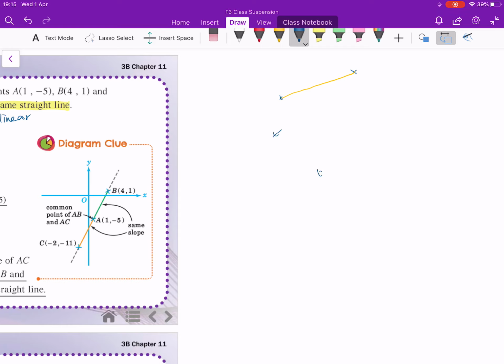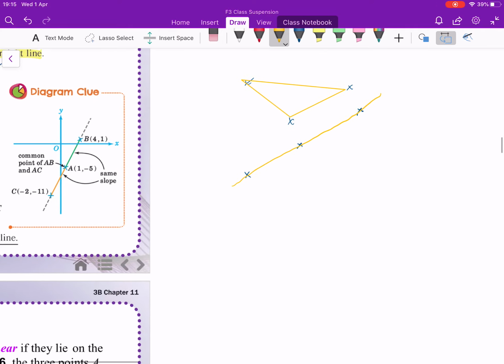However, for any 3 points I draw, usually you will form a triangle instead of one straight line passing through them. So occasionally, I can draw 3 points that can use one straight line to pass through them.